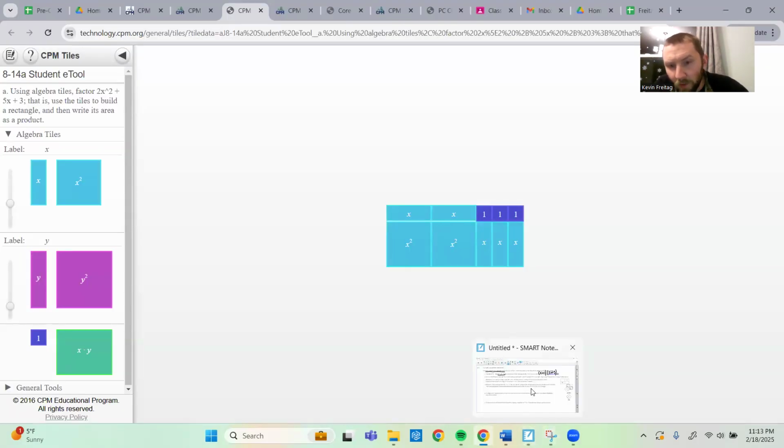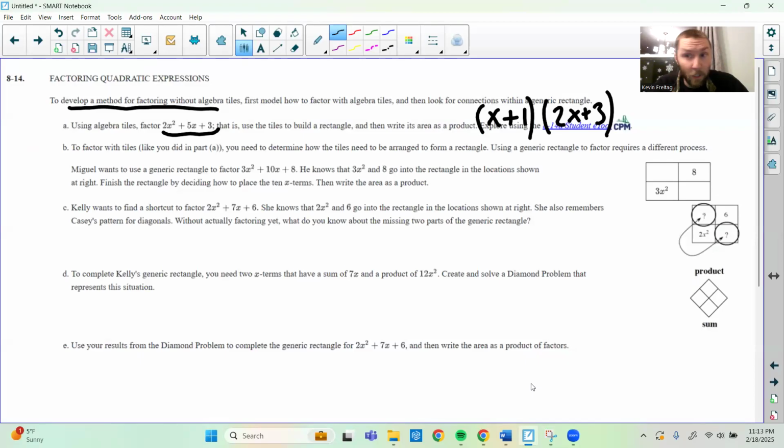Okay, but again, our goal today is to go from using algebra tiles to not needing them anymore. If you look at letter B, it says to factor with the tiles like you did in part A, you need to determine how the tiles need to be arranged to form a rectangle. Now using a generic rectangle to factor requires something slightly different, although there are parallels that hopefully you can see. So Miguel has this expression, 3x squared plus 10x plus 8.